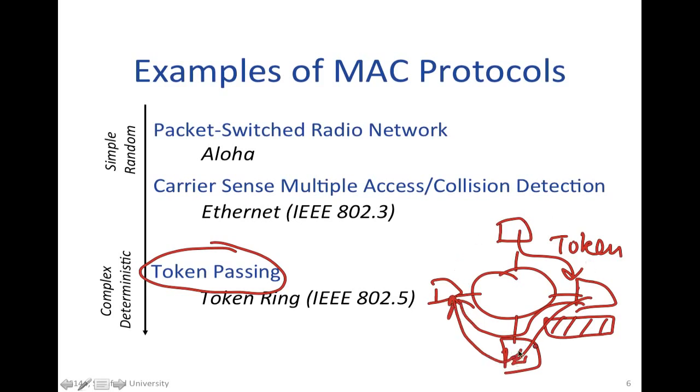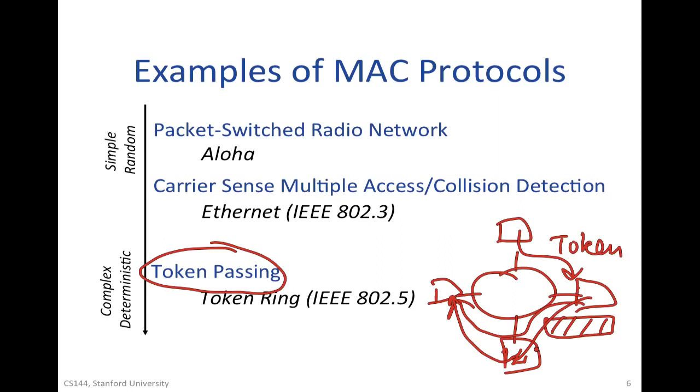So the token will go around like the conch shell in Lord of the Flies, if you've read that book, or in any mechanism where we have a round-robin opportunity to send, and the token is indicating who gets to send next. This gives every host the chance to send in a deterministic order, but it does require us to both generate and maintain this token.